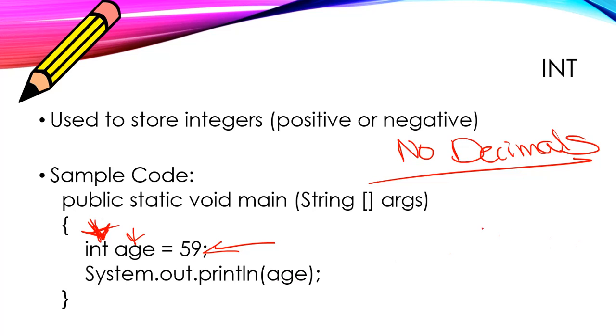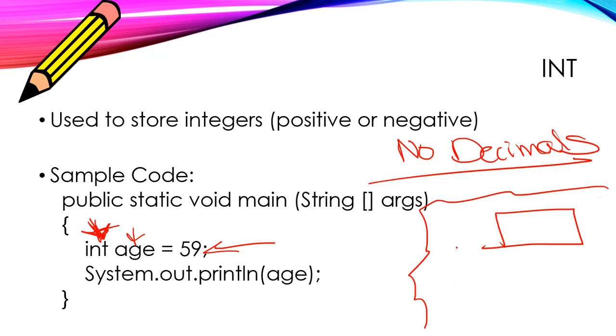Well, what's going to happen is when I create age in the memory of the computer, there's going to be a box that's made, and it's going to know that that box is named age, and inside of that, it's going to place 59, because that's what I told it to do. So when I System.out.println age, the computer is going to go, oh, she wants the number for age.